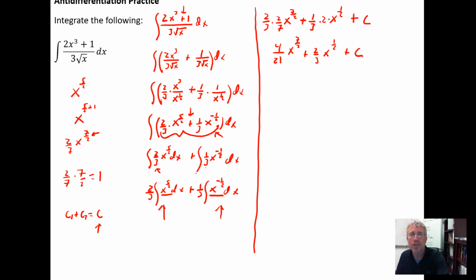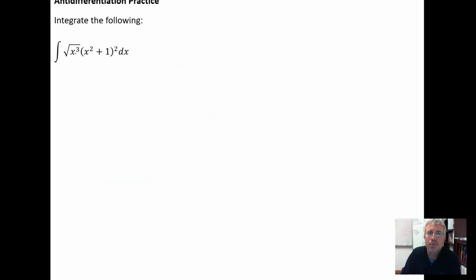So we have one more example involving a radical. So this time the radical is in the numerator position. So I'm going to rewrite the original problem. We get the antiderivative of the square root of x cubed times x squared plus 1 being squared times dx. And then I can start to manipulate.